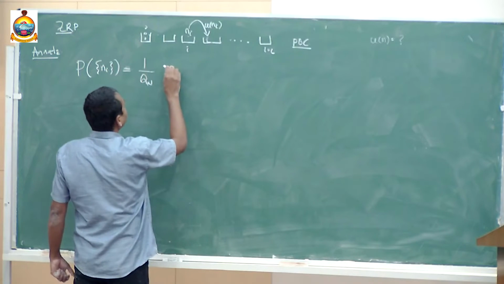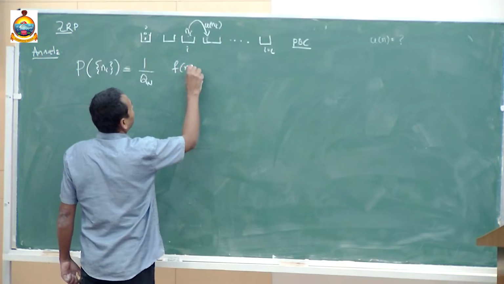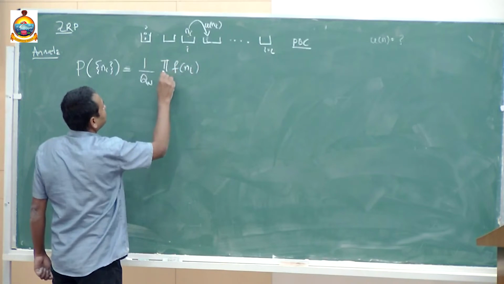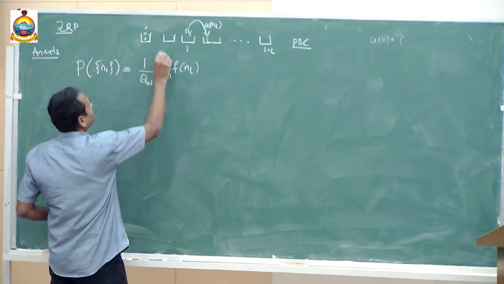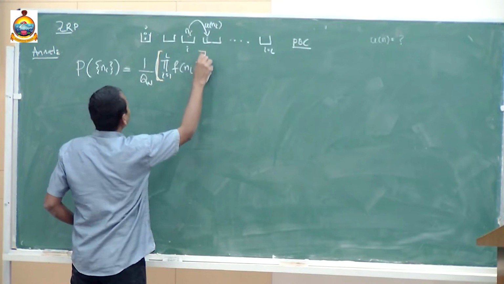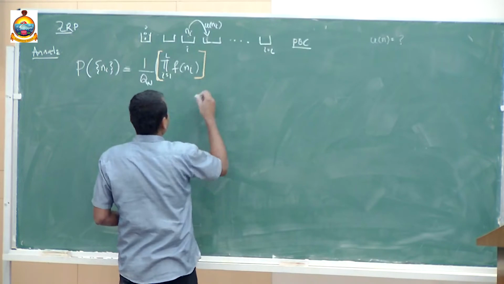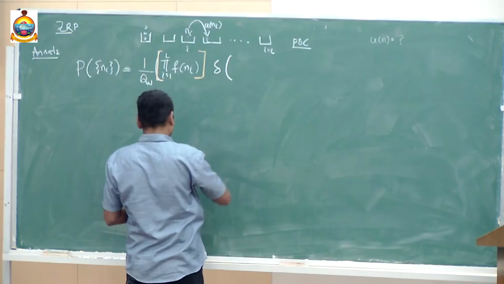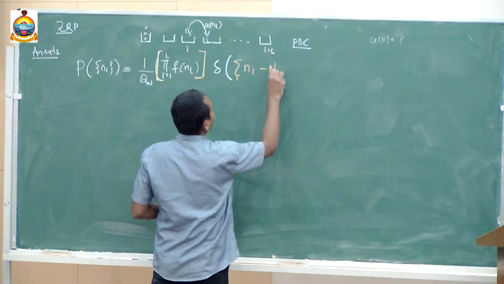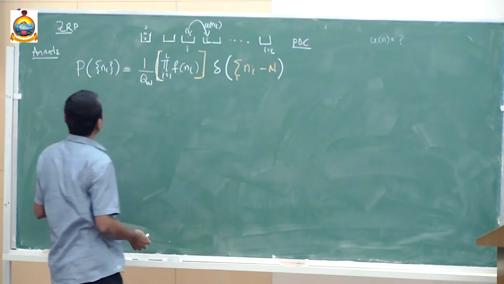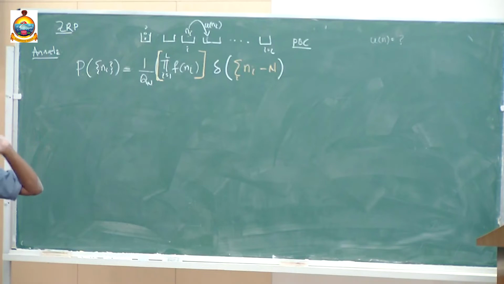Then this is just f of n1, f of n2, f of n3, which I can write as the product over i equal to 1 to L of f of Ni. For the number conservation, I put a delta function with summation over i of Ni minus n. So this is my partition function, and this is my probability. This is my ansatz. I do not know whether it works, but I just write it like that.